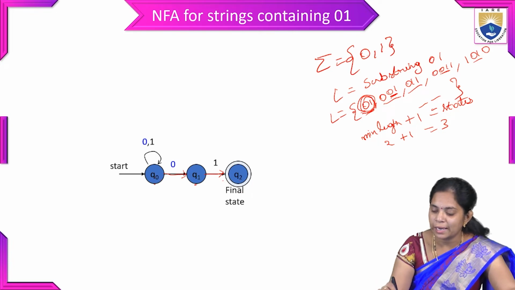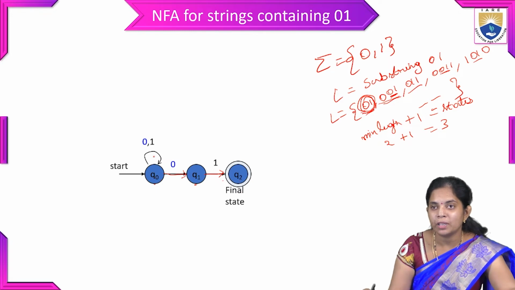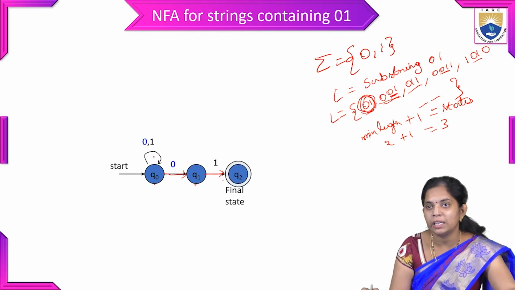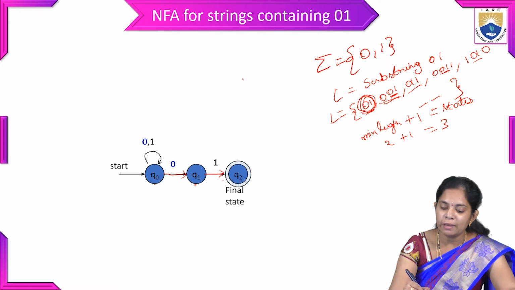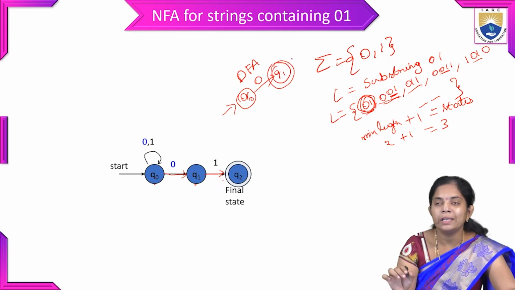How to construct an NFA for this kind of string, in the sense 0, 0? In the starting state, to repeat the 0, we need to add 0, and at the same time I have to add 1. What is the main difference between NFA and DFA? In a DFA, if Q naught is the initial state, for one input symbol we have to move to only one state.